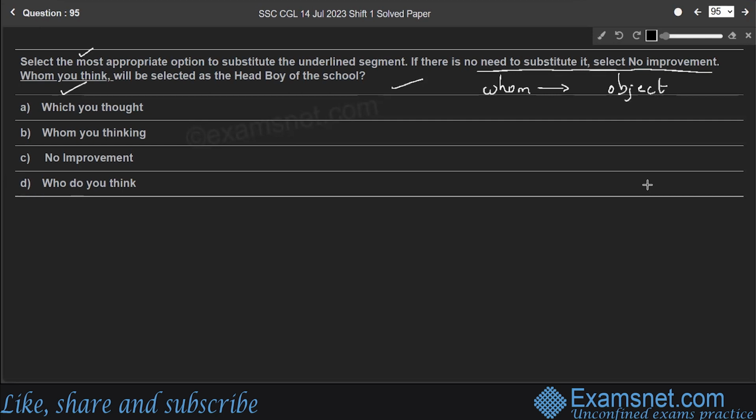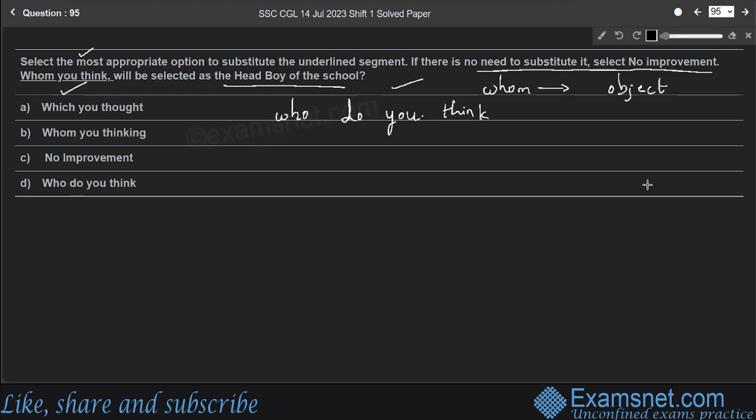Because we need to refer to the subject of the sentence, right? Here the sentence starts with the subject. Therefore, we have to start with who, right? Who do you think, because it is a question. Therefore, who do you think will be selected as the head boy of the school, right?